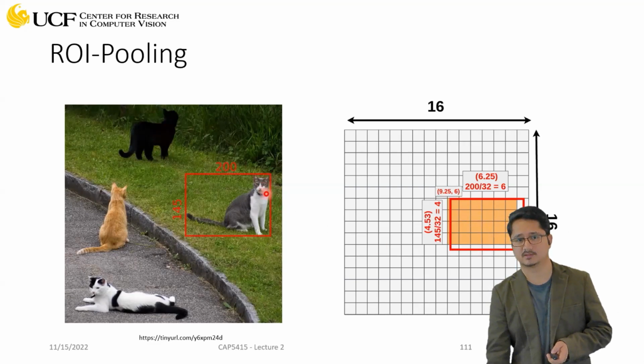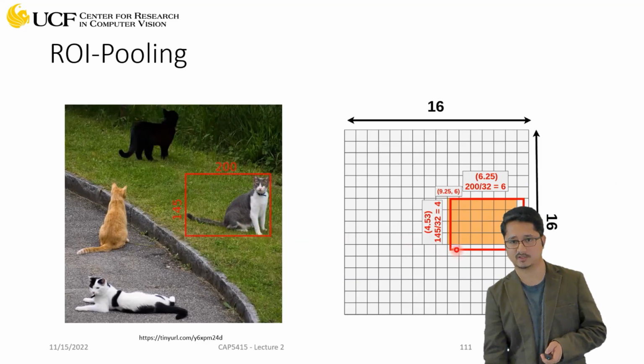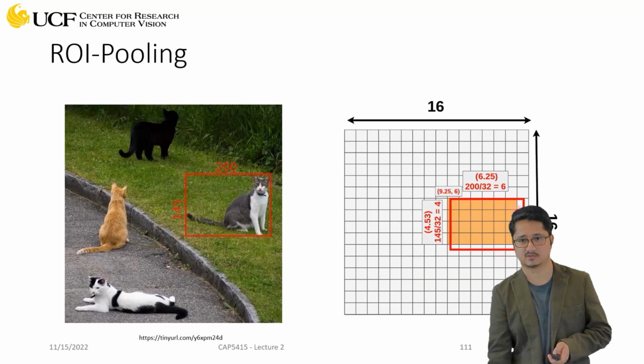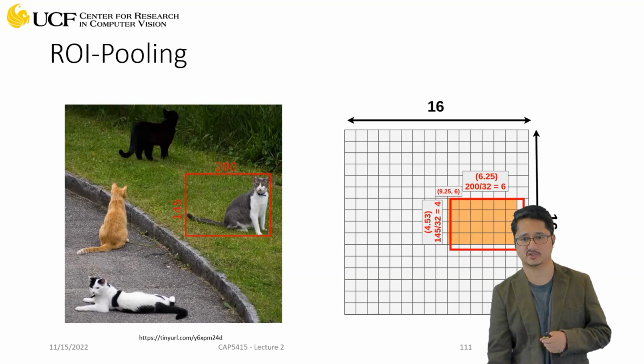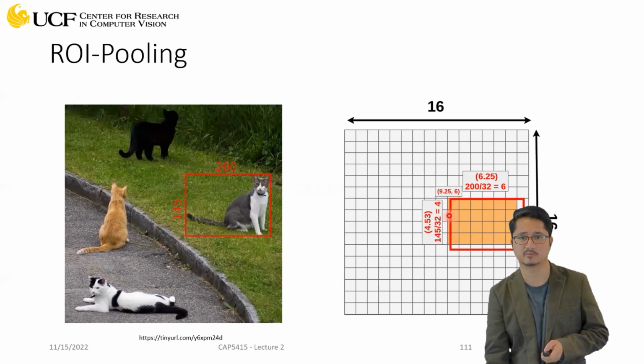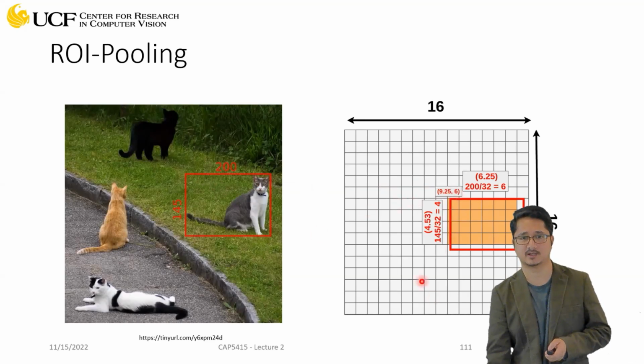Now, if you think about this, some of these pixel values over here were used to extract these activations. But in fact, we are not using that after the ROI pooling operation. And that's one of the limitations. We are actually losing information. If you pay attention to this region here, this is additional information which we didn't want, because these pixels lie outside this bounding box.